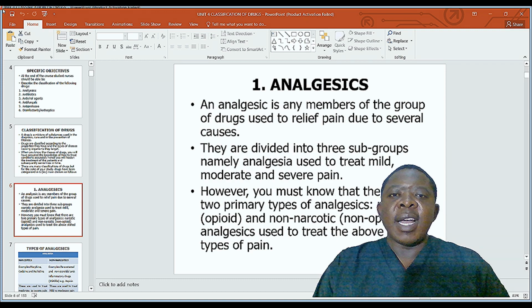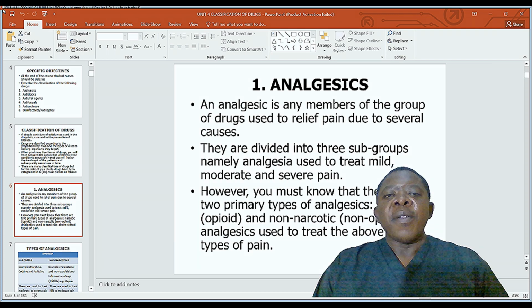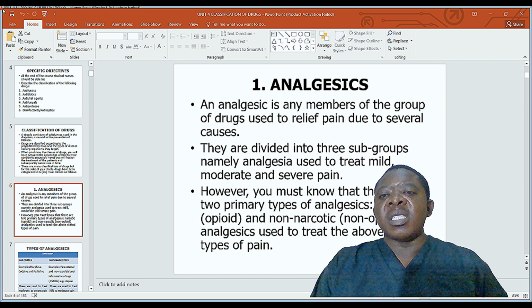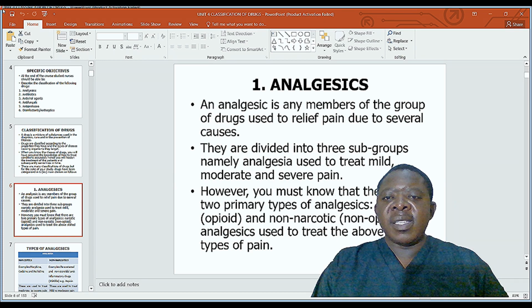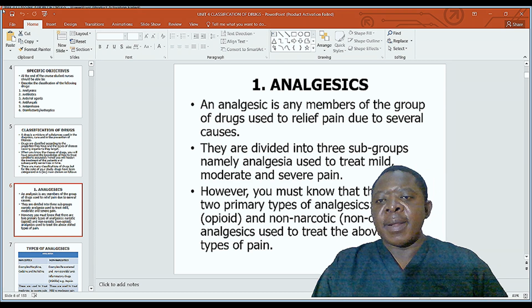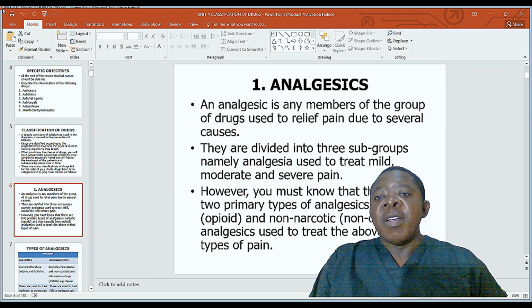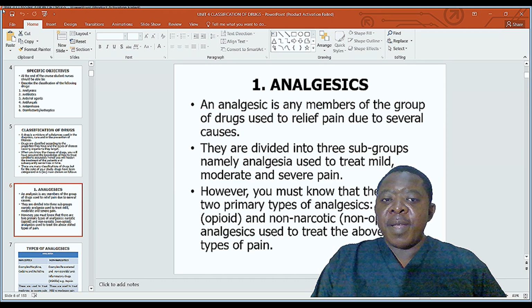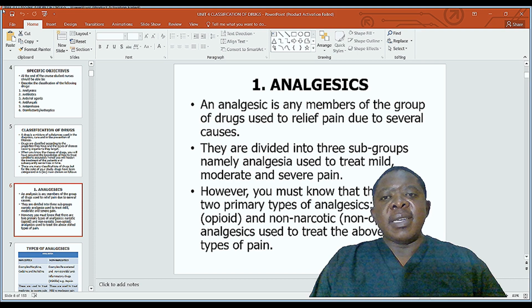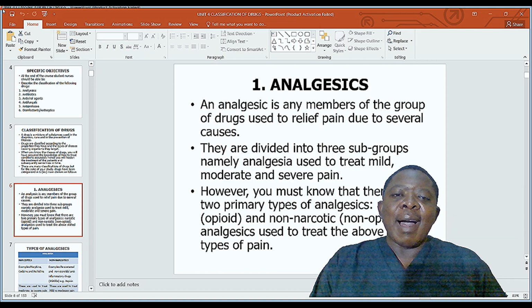They are divided into three subgroups, namely analgesia used to treat mild, moderate, and severe pain. So we have three subgroups under analgesia: for mild treatment of pain, for moderate treatment of pain, and for severe treatment of pain.